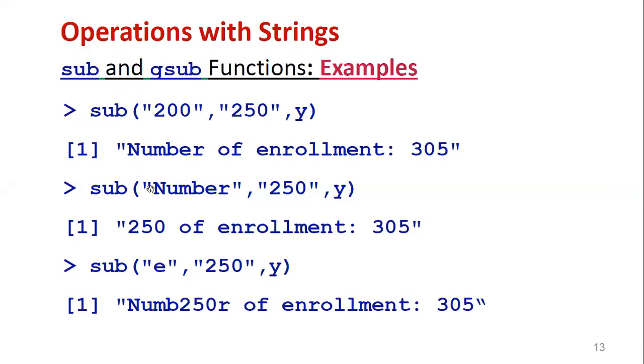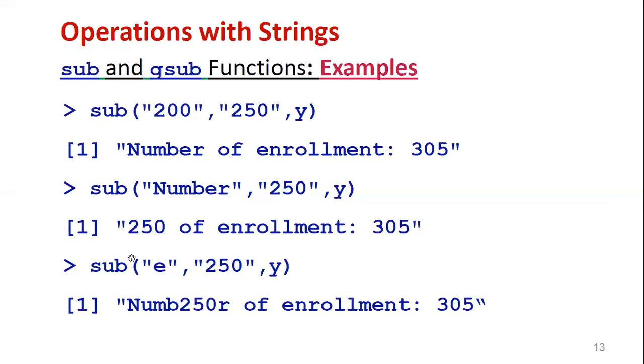Directly we are giving the old value, number. Here we are giving number of enrollment 305. Now we are replacing number by some value, 250. You can see number, comma, 250, comma, y. Now old is number, and this old is replaced with the second argument, the new, 250. So from y, number of enrollment now becomes 250 of enrollment 305.